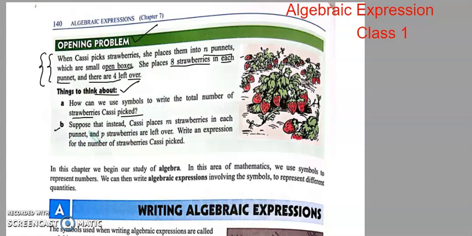And the second part is, suppose that instead Cassie places m strawberries. M can be any number, 1, 2, 3, 4, 5, m strawberries in each punnet, and p strawberries are left over. Write an expression for the number of strawberries Cassie picked.